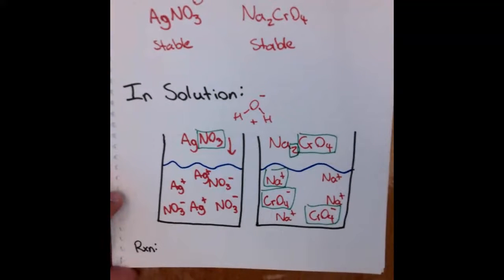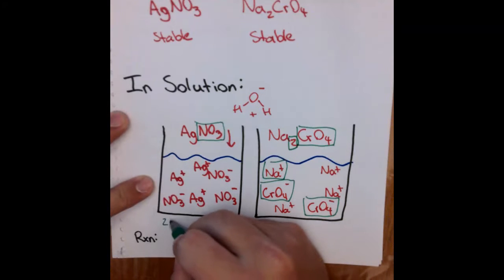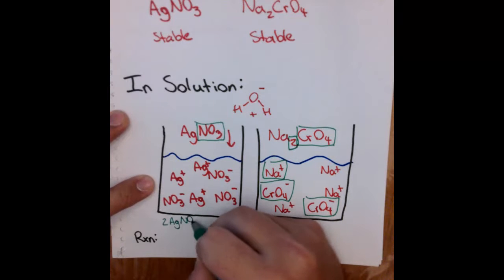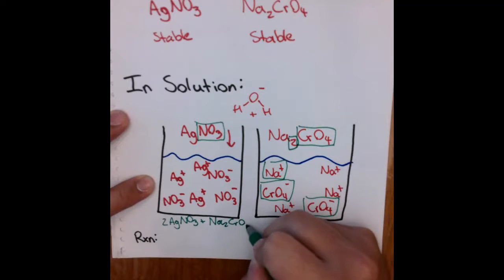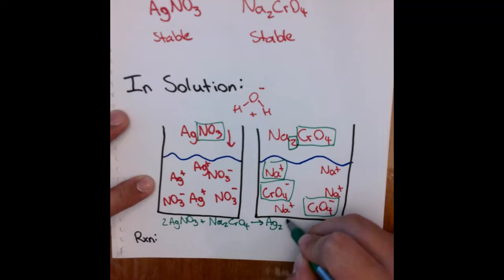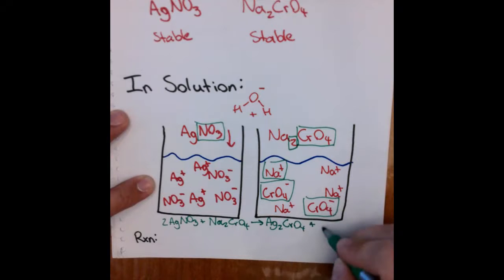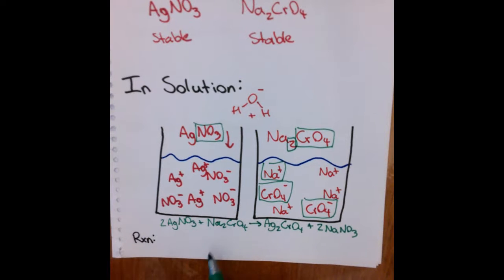If we look below, what's actually happening in this reaction is 2AgNO3 plus Na2CrO4 reacting to produce Ag2CrO4 and sodium nitrate. But it's not really reacting as we see here, because on the reactant side, or left-hand side of the equation, these things are all ionized in solution.